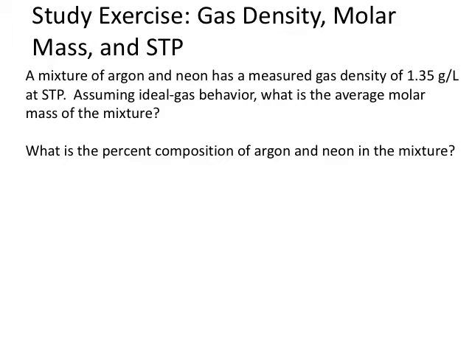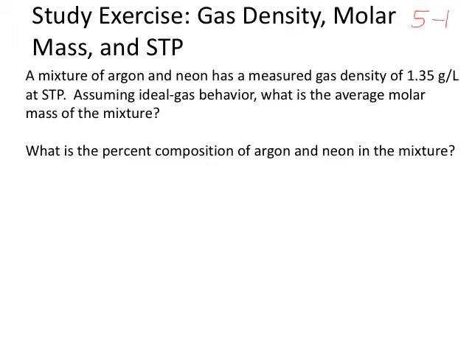This is problem 5.1. A mixture of argon and neon has a measured gas density of 1.35 grams per liter at STP. Assuming ideal gas behavior, what is the average molar mass of the mixture? What is the percent composition of argon and neon in the mixture?